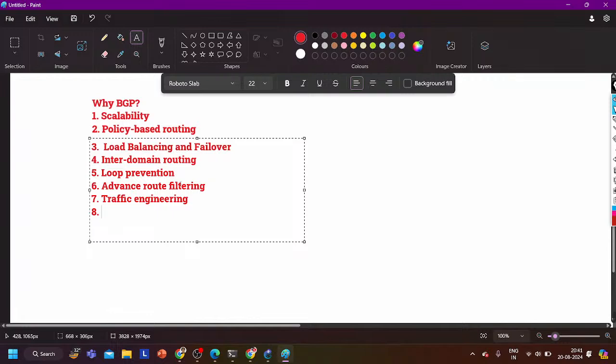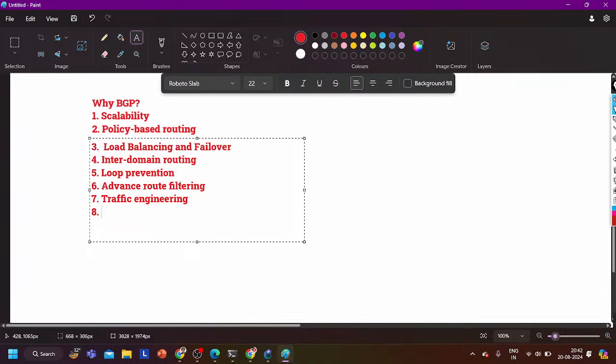Whenever we are redistributing EIGRP into OSPF, routers take much time to update their routing table, right? So convergence is very slow while redistributing. But in the case of BGP, convergence will be faster as compared to IGP protocol.